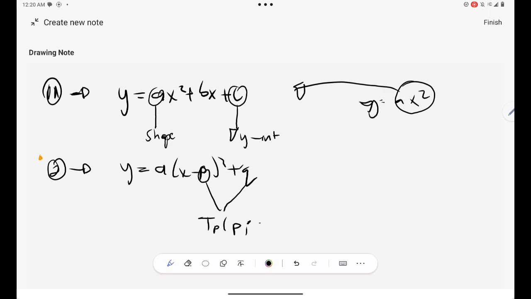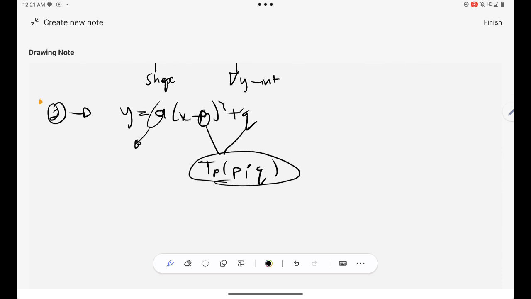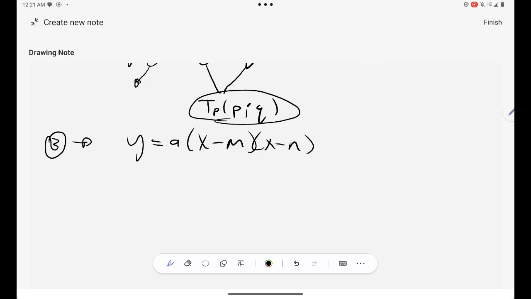Please note that I had negative P there, but now when I'm writing it as a coordinate, I only write the positive value of P. And this guy, it's always the shape. Number 3, a graph can be given in this form, whereby y is equal to a times x minus m times x minus n, whereby both m and n are your x-intercepts.